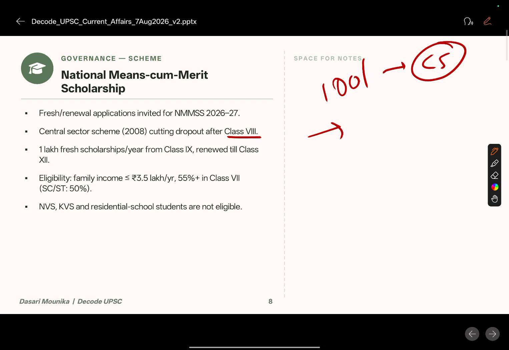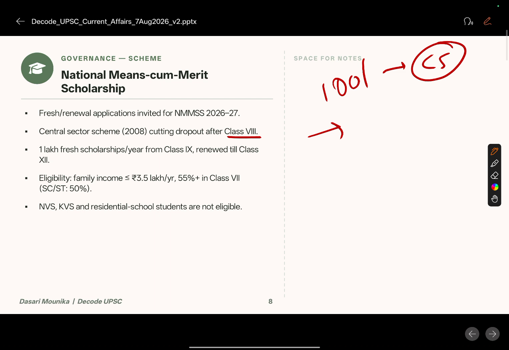The scheme applies to them. This year, renewal has been invited. Renewal or fresh applications have been invited by the government, and nearly 1 lakh fresh scholarships have been collected from class 9th. Clear? So we can see how many people are dropping out after class 8.